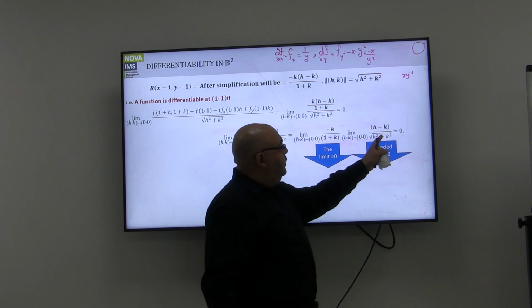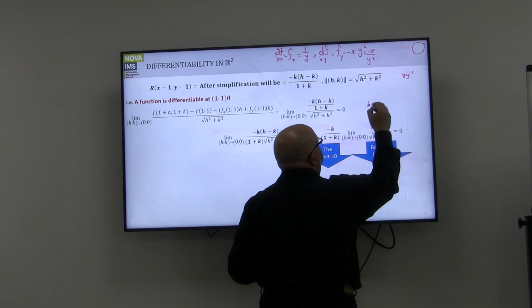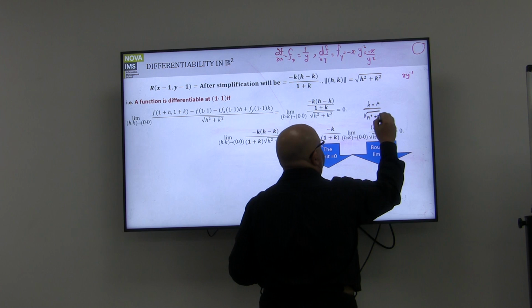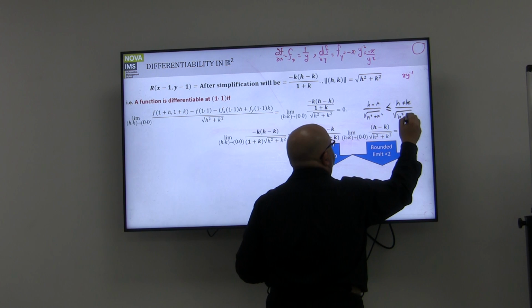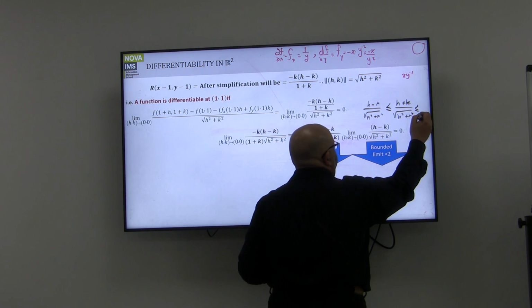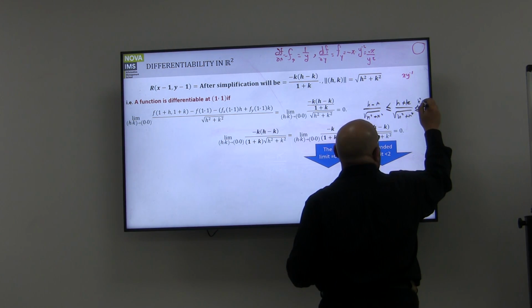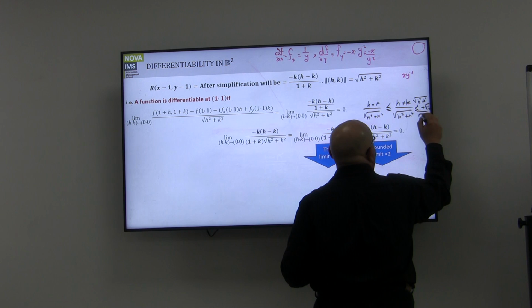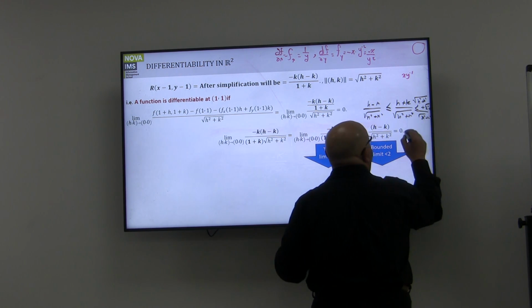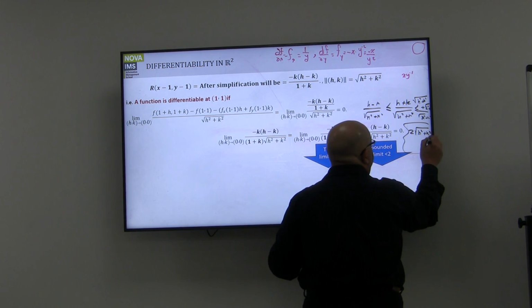If you try to use this limit, it's going to be bounded, because I can simply prove that the absolute value of (h minus k) divided by the root of h squared plus k squared is less than or equal to (|h| plus |k|) divided by the root of h squared plus k squared, which is less than or equal to the root of h squared plus k squared plus the root of h squared plus k squared, divided by the root of h squared plus k squared. So as you can see, I will have 2 times the root of h squared plus k squared divided by the root of h squared plus k squared.